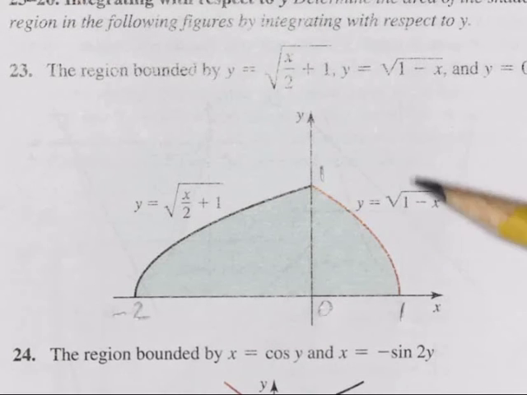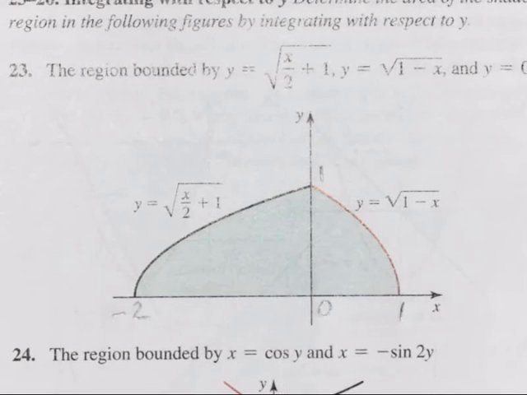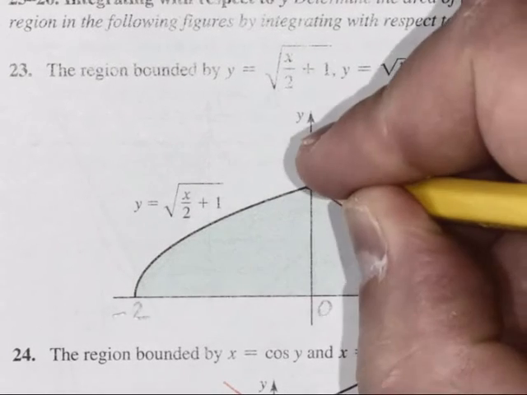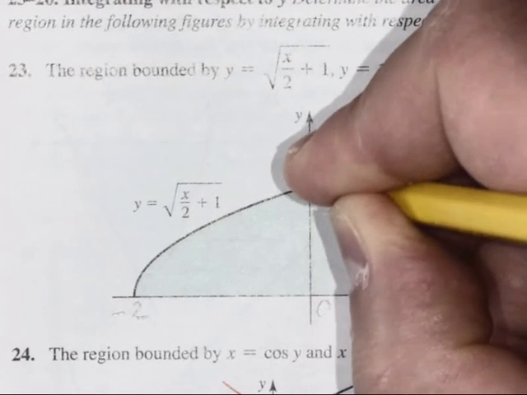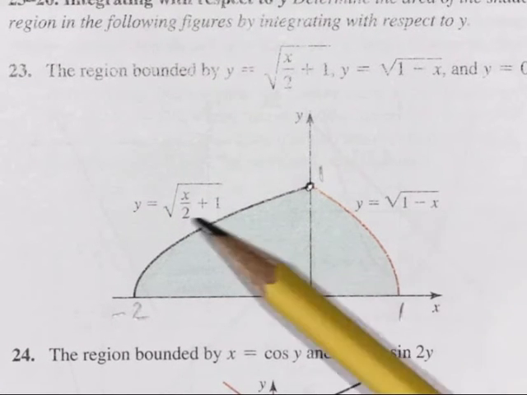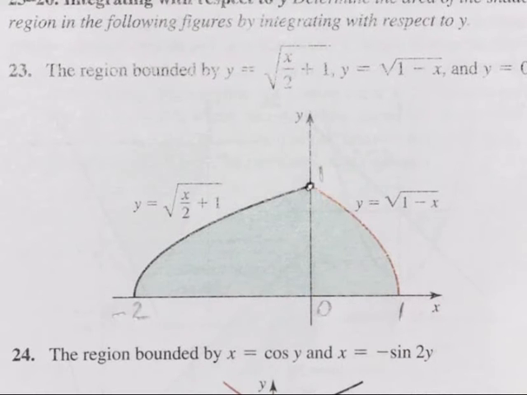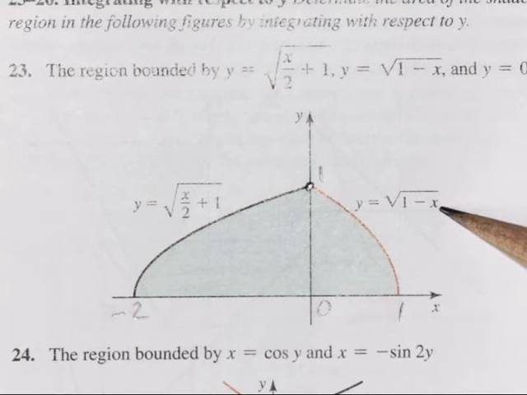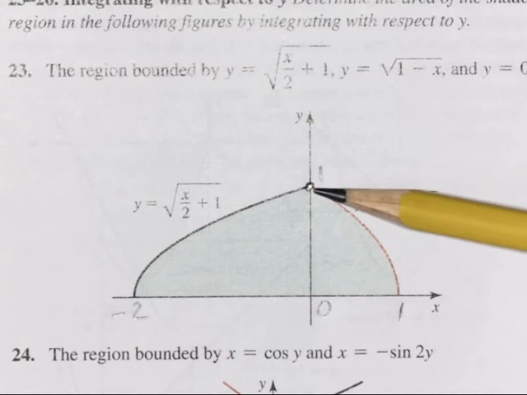So I can actually use either of those functions to figure that out. If I know that this point here has an x coordinate of 0, so if I plug 0 into either of these functions, that should tell me what that point is. If I plug 0 into here, I get the square root of 1, which is 1.